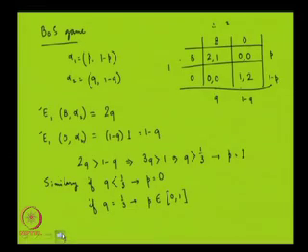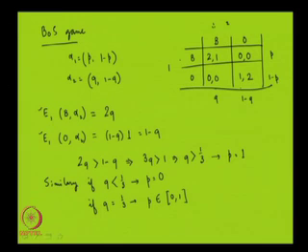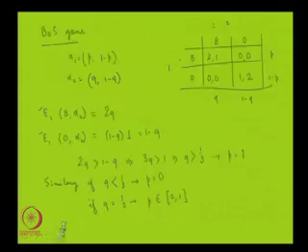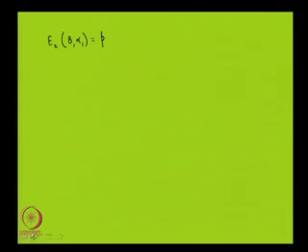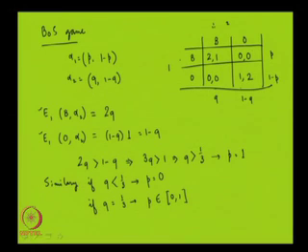What about player 2? For player 2, I have to look at this value, right? The expected payoff to player 2 if he plays B and player 1 plays alpha 1. If player 2 is playing B, he is getting 1 with probability p, and otherwise he is getting 0.